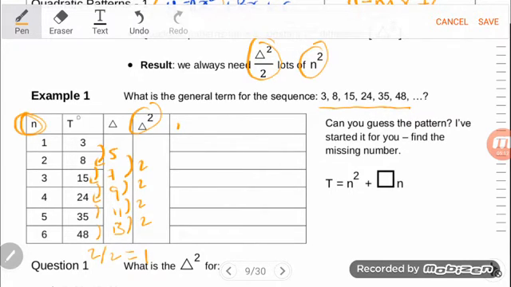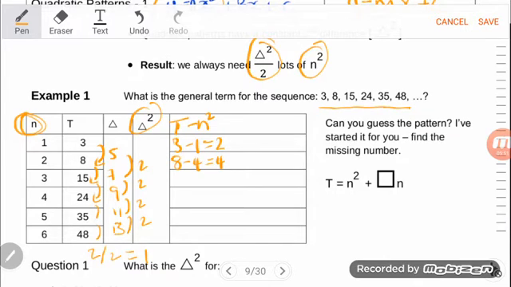So we want to go t minus n squared. So 3, what's n squared here when n is equal to 1? It's 1. 1 squared is 1, and 3 minus 1 equals 2. When t is 8, n is 2. 8 minus 2 squared is equal to 8 minus 4, which is 4.